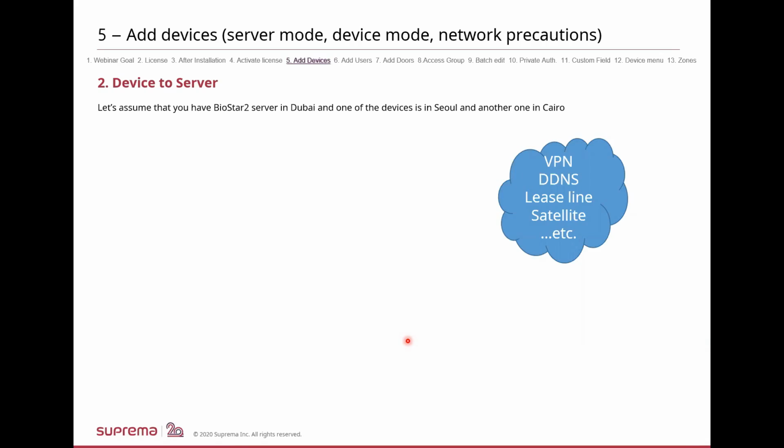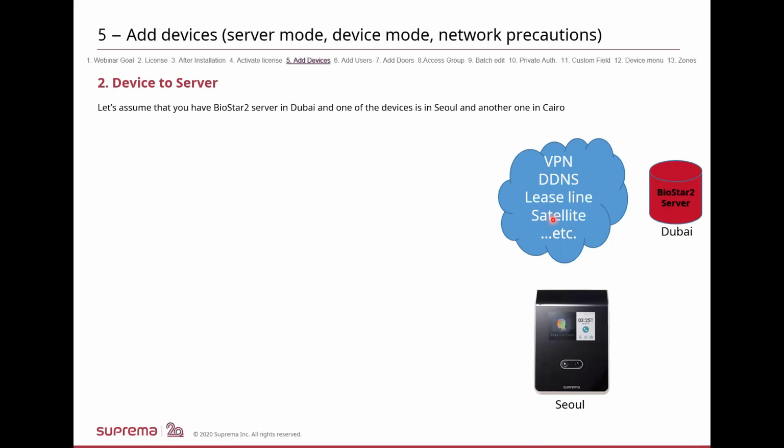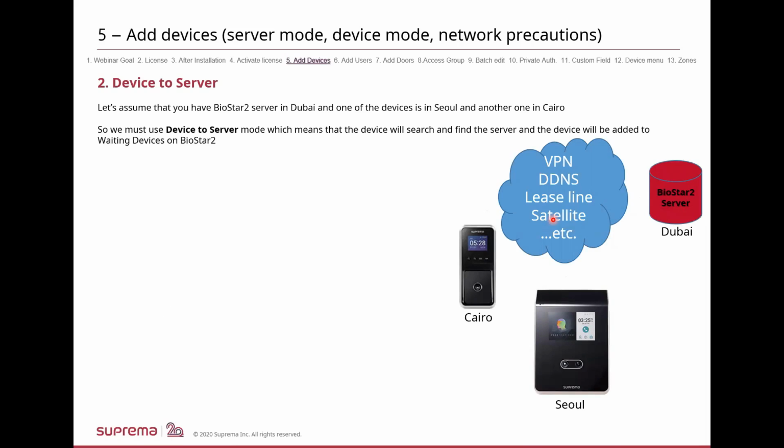For this network, there is no restriction from Suprema's side. We don't say you must use a particular one. You can have a VPN, DNS, baseline, satellite, 3G, 4G, 5G. All that is important is that the devices can reach the server. So we have our database in Dubai in our example. Let's assume we have a FaceStation 2 in Seoul, and we have a FaceLite in Cairo.